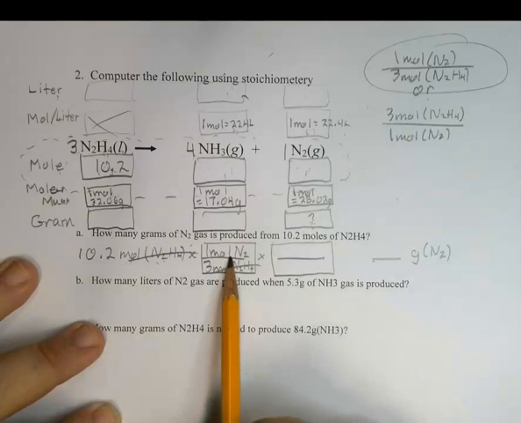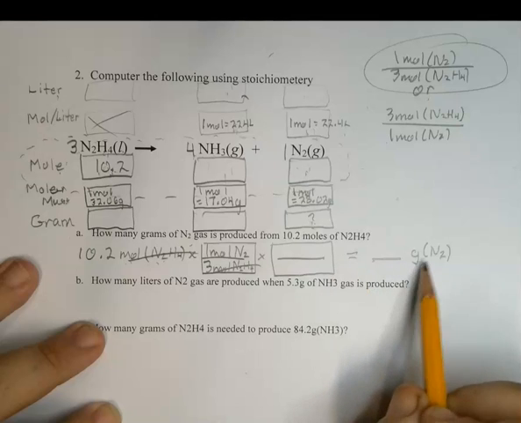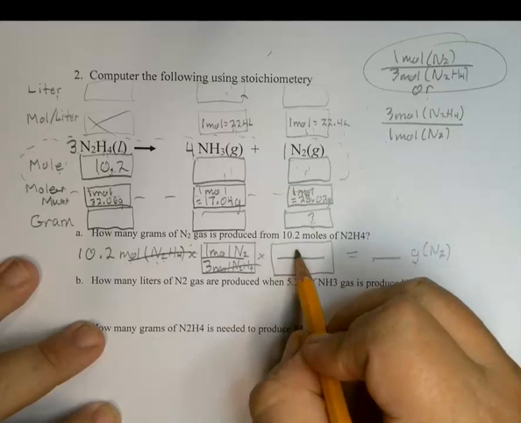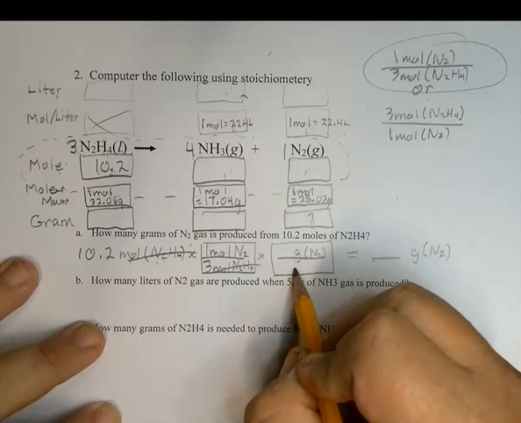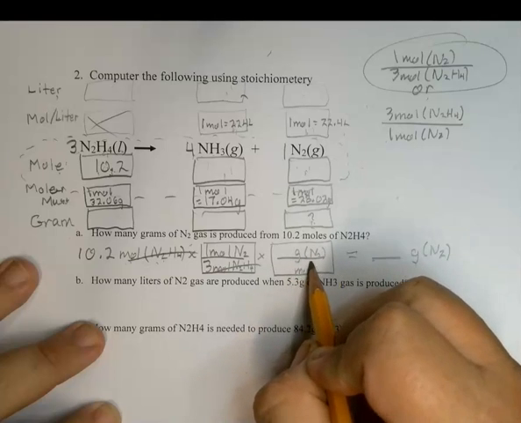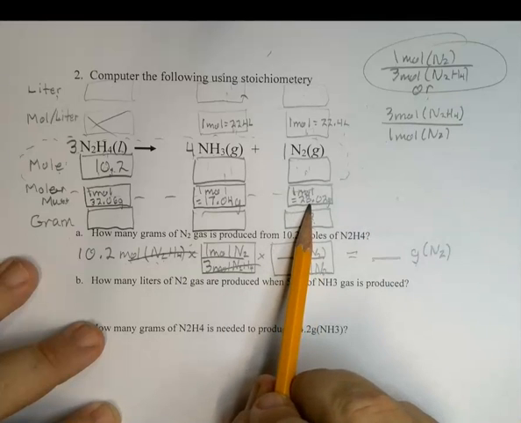Now I need moles of N2 on the bottom, and I know based on this being the last conversion that I need grams of N2 on the top. I could go ahead and write that right now. Grams of N2, moles of N2. So what relates those two? And that's the molar mass conversion.